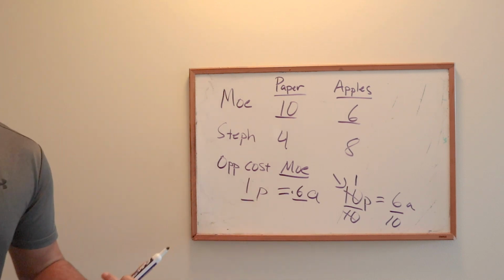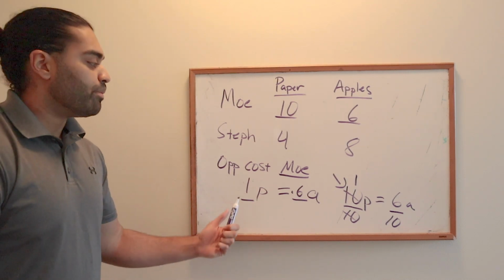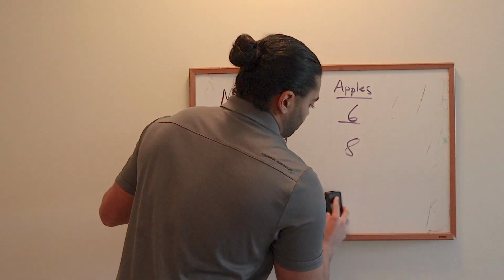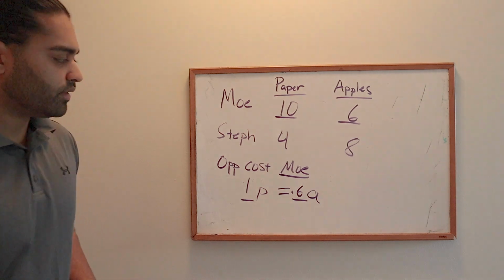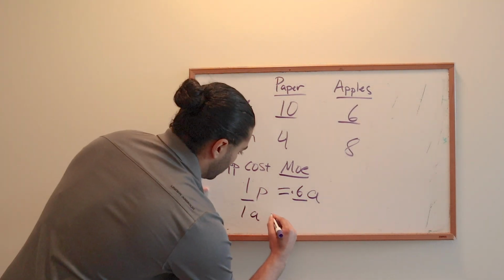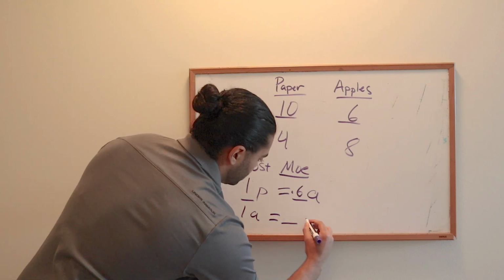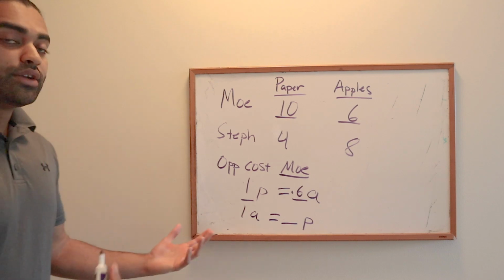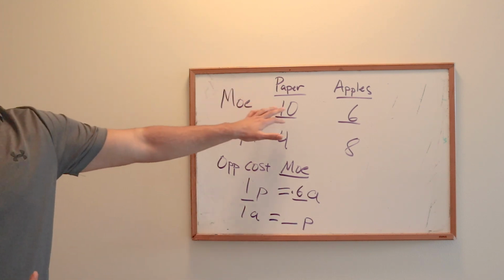Now let's say I ask you what's the opportunity cost of producing apples in terms of paper for the same individual. So for Mo. Okay, so now I want 1 apple in terms of the other product. So apples in terms of paper now. Now we're going to do the same setup. We're going to set it up exactly how we see it up here.